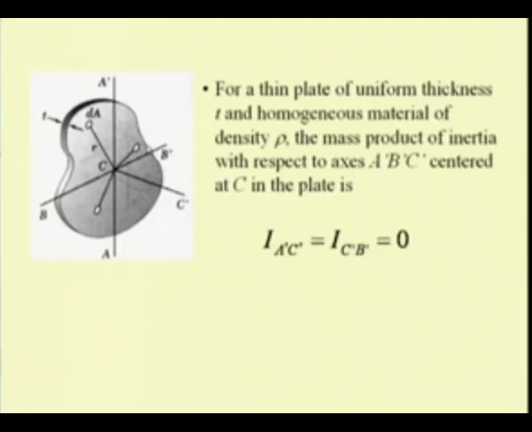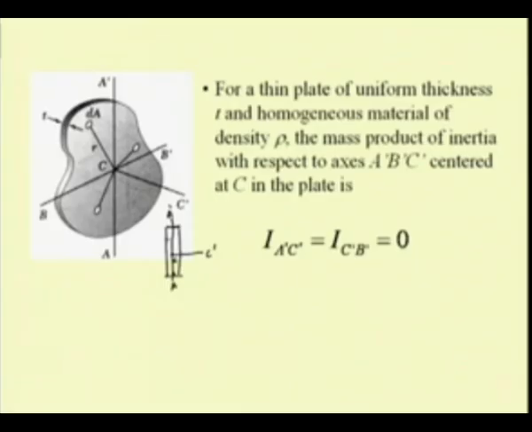Why? Because if we view this plate along this axis B B prime, we have this C C prime axis and A prime A axis.